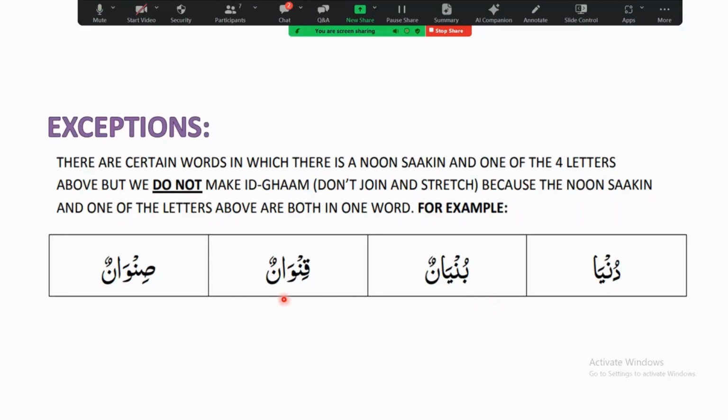But we do not say qiwanun. We just say qinwanun. We articulate noon sakin here. We pronounce that, because this is again an exception. And the last one is sinwanun. After noon sakin here again, you see a Yarmaloon letter here, but still we are articulating noon sound and saying sinwanun, because this is again an exception here.